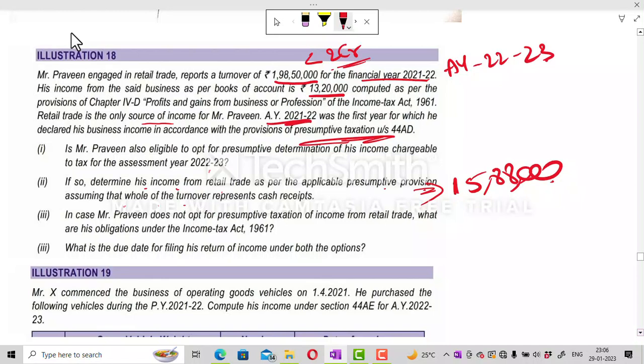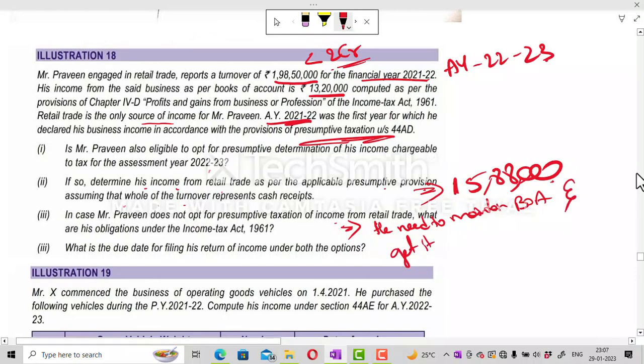In case Mr. Praveen does not offer presumptive taxation of income from retail trade, what are his obligations under the Income Tax Act? He needs to maintain the books of accounts and get it audited, because his turnover exceeds 1 crore. 1 crore is the turnover limit.